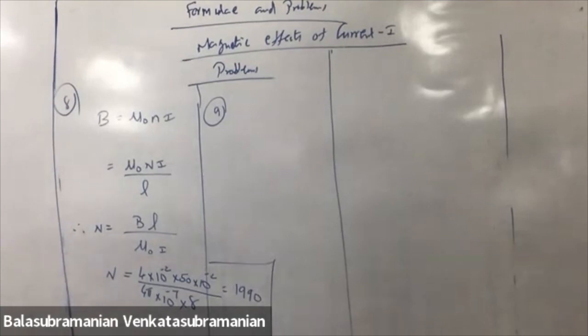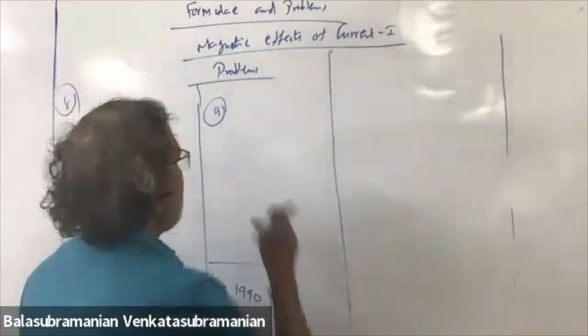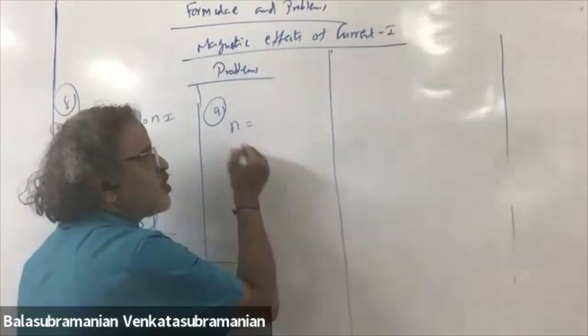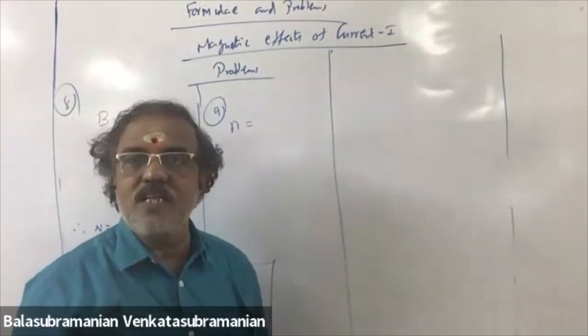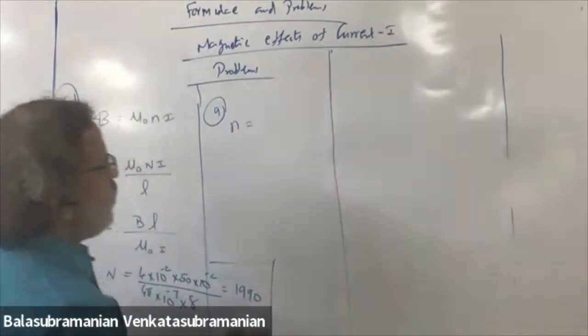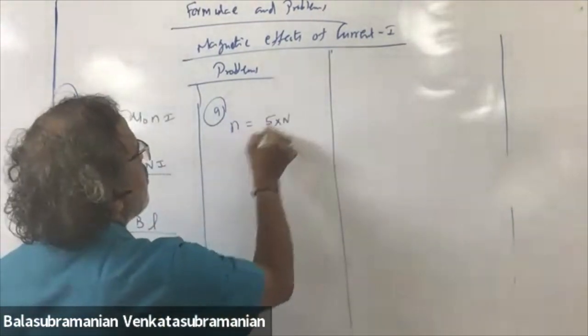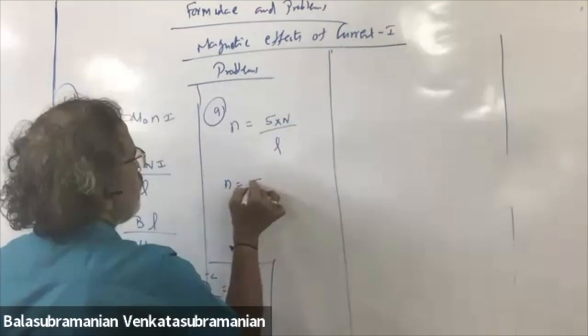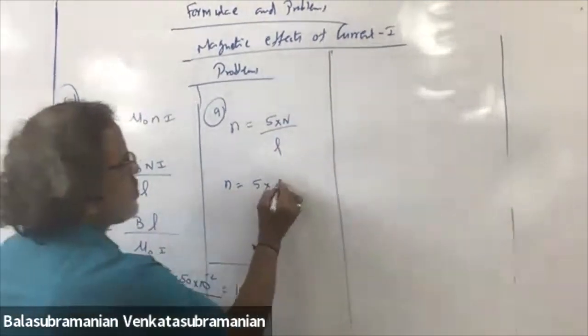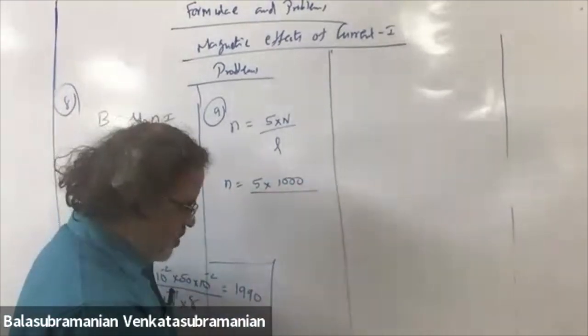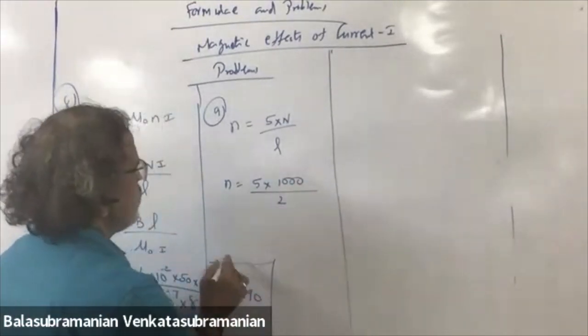5 layers. n will be the number of turns per unit length, but generally we do one layer only. Here we have been given 5 layers. So 5 into N by L: 5 into the number of turns given, 1000 turns, and length given as 2 meters.